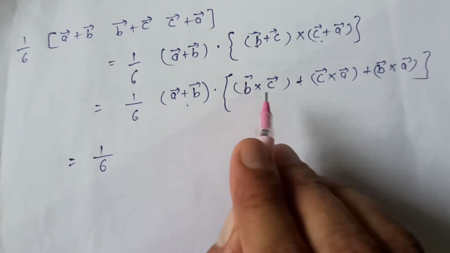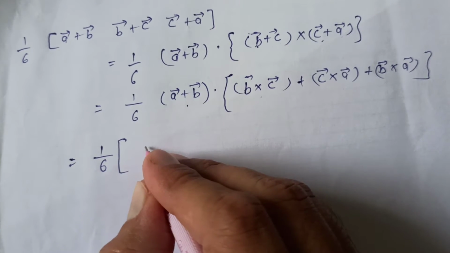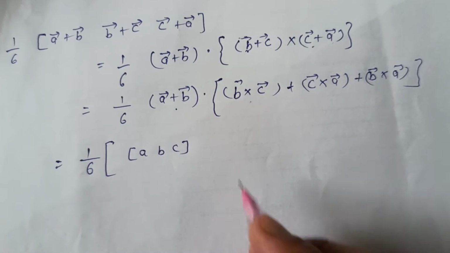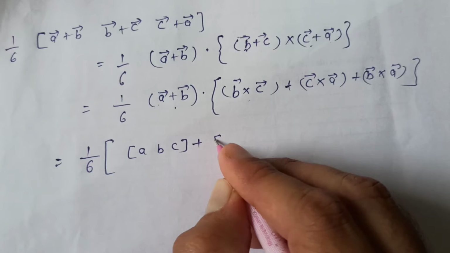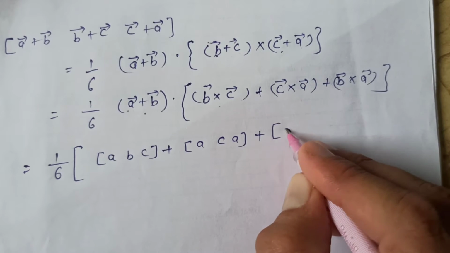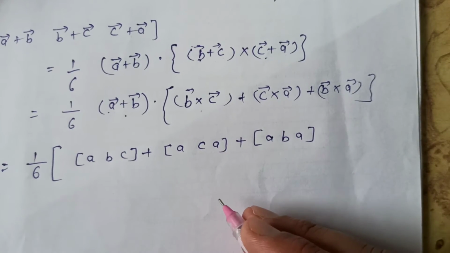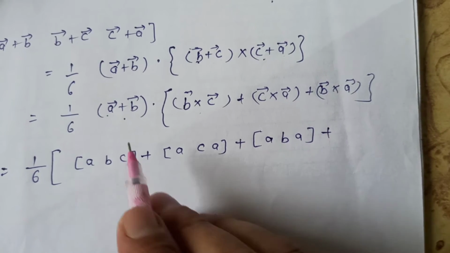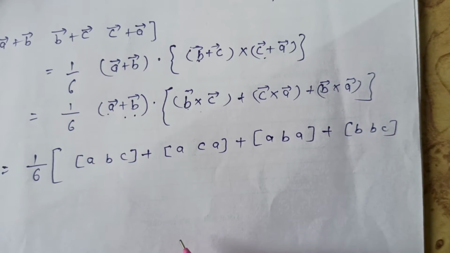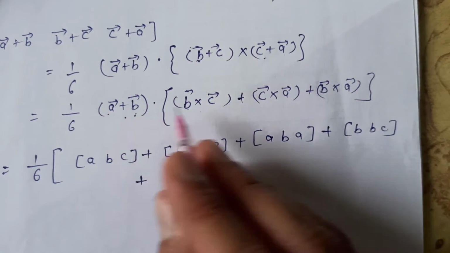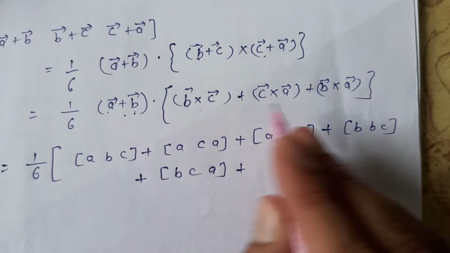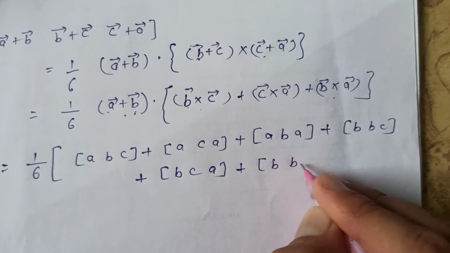So A dot B cross C, that is scalar triple product of A, B, C; A dot C cross A, scalar triple product of A, C, A; A dot B cross A, scalar triple product of A, B, A; plus B dot B cross C, scalar triple product of B, B, C; plus B dot C cross A, scalar triple product of B, C, A; plus B dot B cross A, scalar triple product of B, B, A.